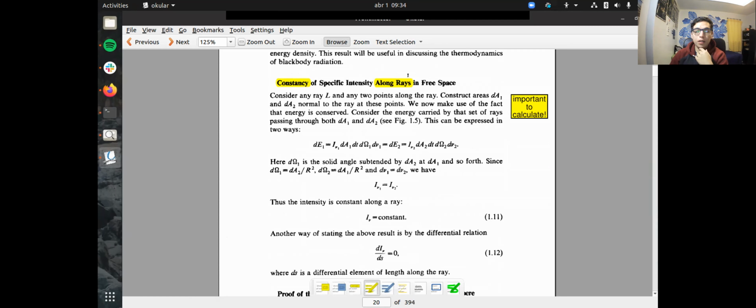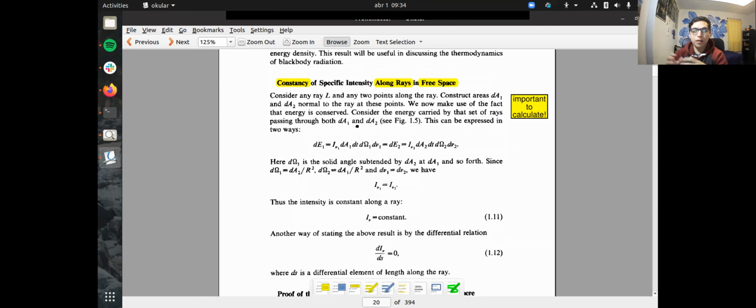The other thing to highlight is that this is free space, so it's vacuum, there are no particles along where the ray is traveling.